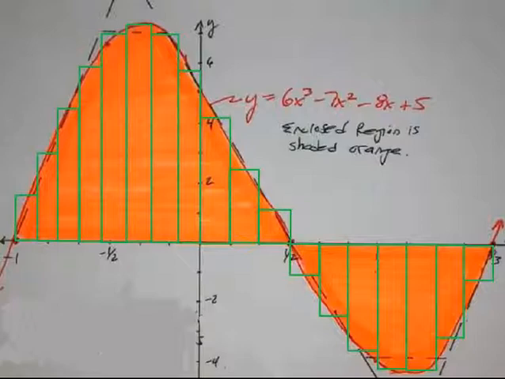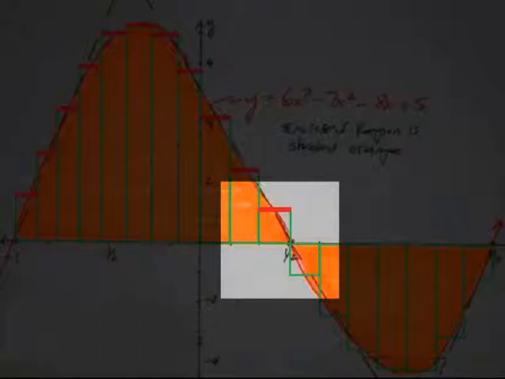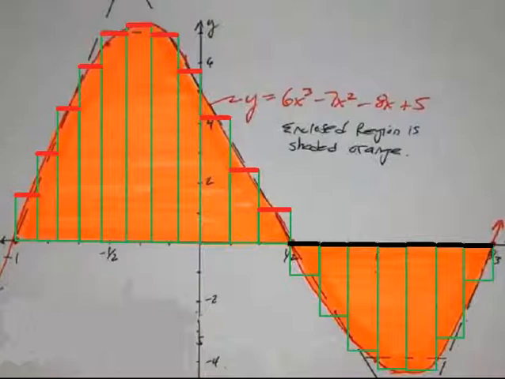Watch the tops of these rectangles as we go across here. There's a change right here. The tops of the rectangles start off being defined by the cubic function graph, then things change. The tops of the rectangles are defined by the x-axis, and the bottoms of the rectangles undergo the same situation.